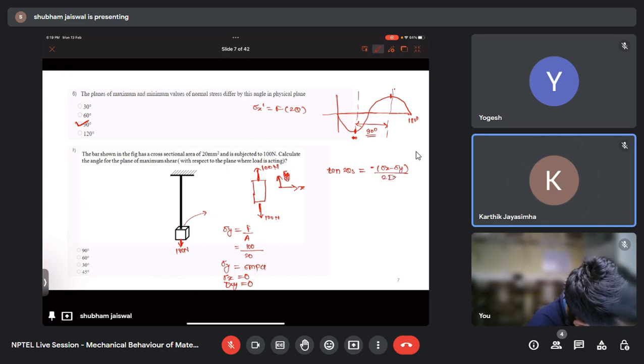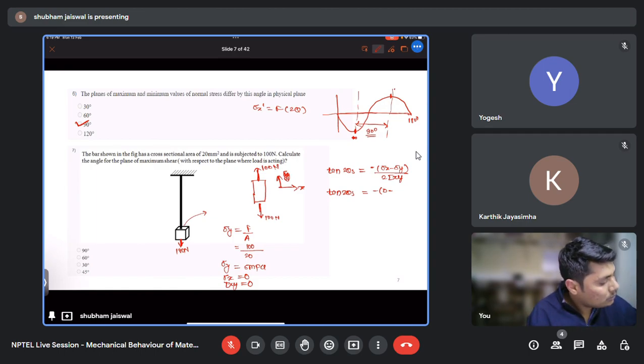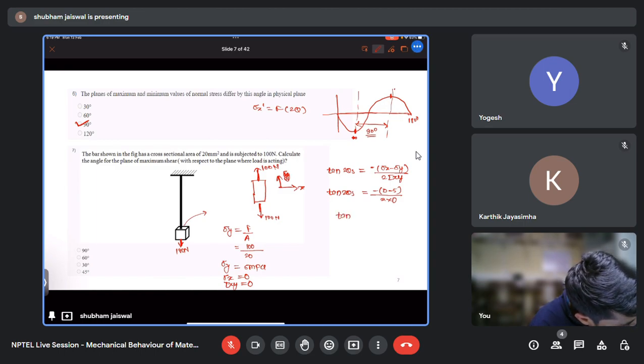So tan 2 theta s comes out to be 0 minus 5 divided by 2 into 0. So 2 theta comes out to be 90 degree and theta comes out to be 45 degree.